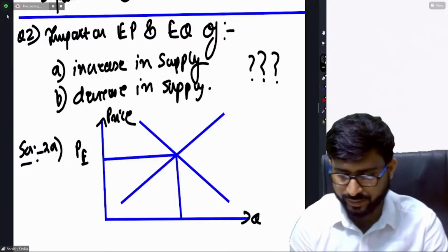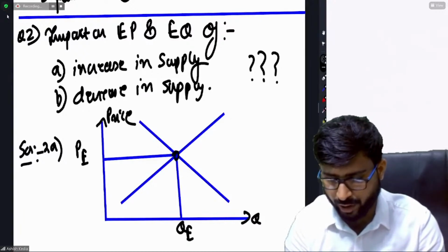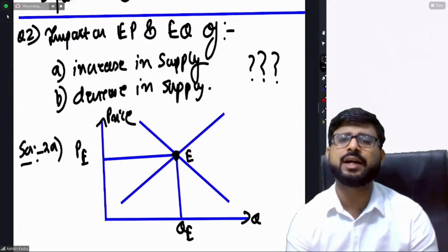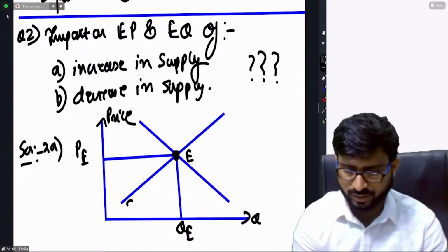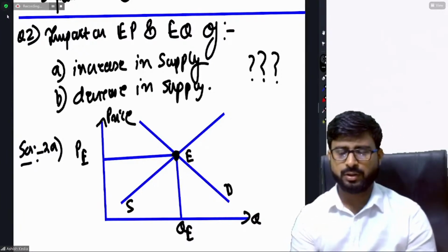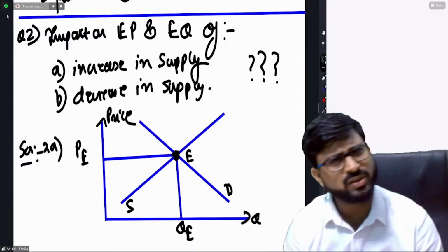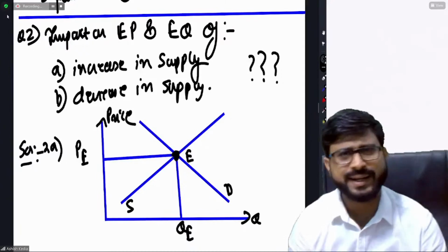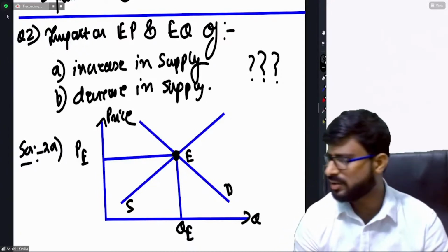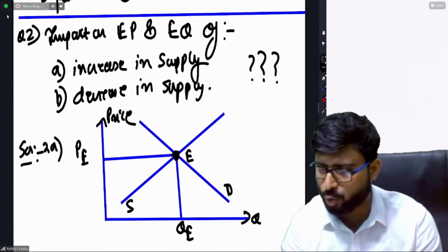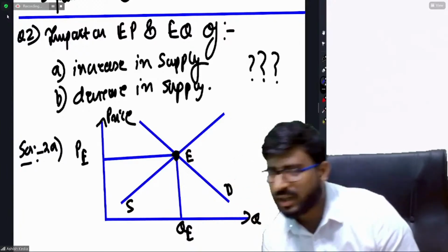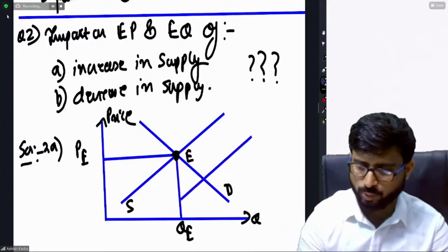Original equilibrium price, original equilibrium quantity, and it is the equilibrium point. This is supply curve, this is demand curve. Now what is happening with supply? It is increasing. So if supply is increasing, you will do what? You will shift it towards the right. So here I shift the supply curve towards the right.